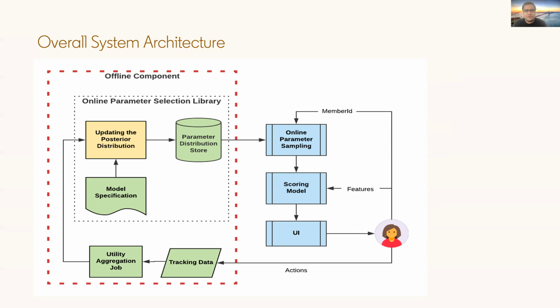During the online serving for a member M I, we resolve the configuration, and then we fetch features and basically apply this configuration and show the output to the member on the UI. Based on the user interactions, several events are emitted and get stored in the HDFS. Then we have a flow which aggregates the metrics, and then we call the library.